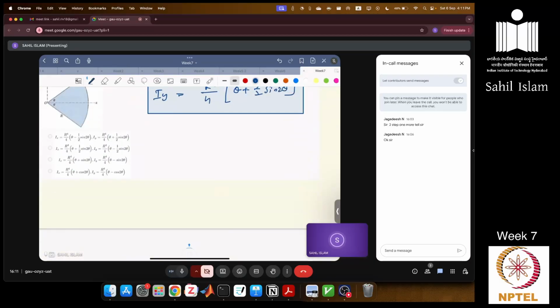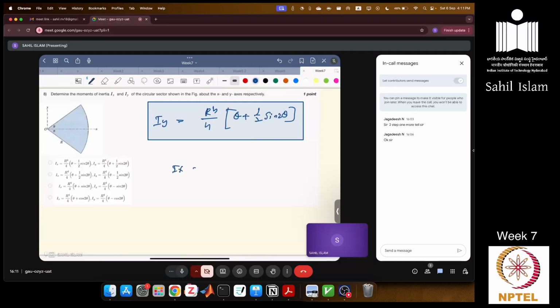Now for Ix you get y squared dA. So y is r sin phi, so r squared sin squared phi, and dA is r dr d phi. Same thing, r cube dr from 0 to R, times sin squared phi d phi from minus theta to plus theta.